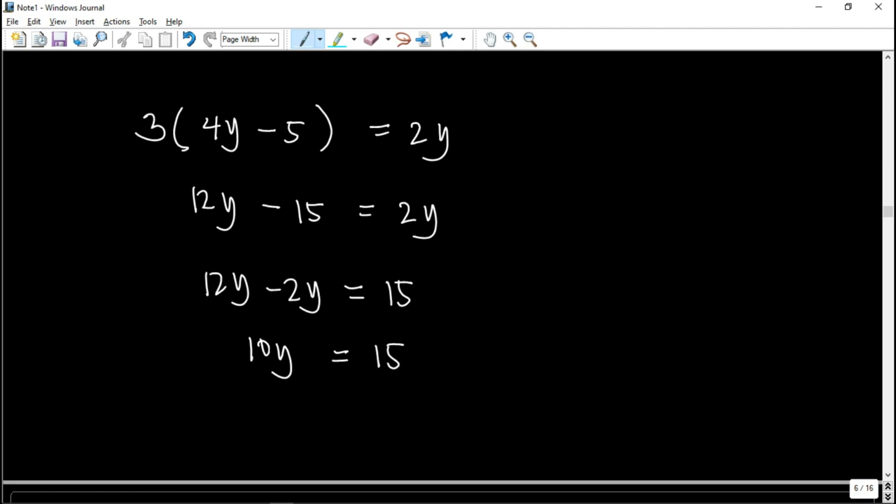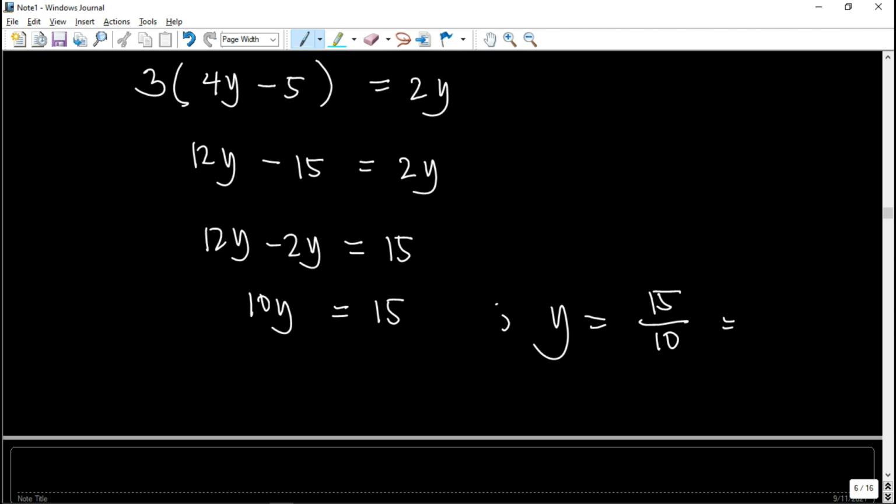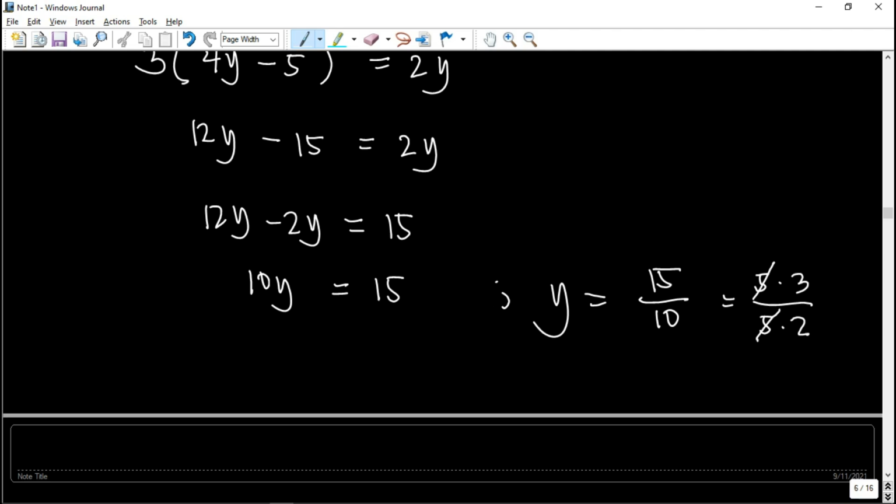Okay, divide natin both sides by 10. So, we have y equals 15 divided by 10. So, simplify natin siya. So, we have here 15 divided by 10. So, this is 5 times 3, 5 times 2. So, 5 will cancel out. Then, we have here y as 3 halves.